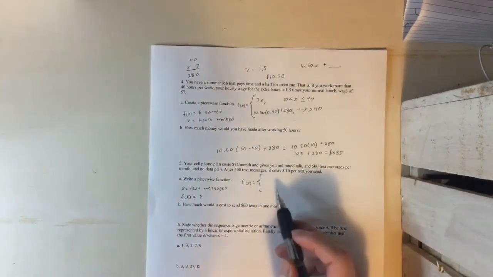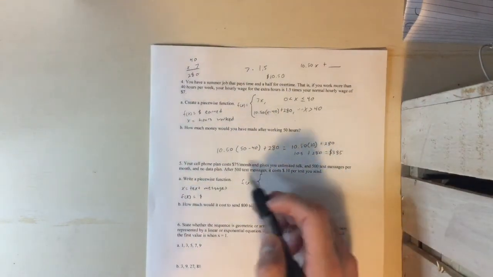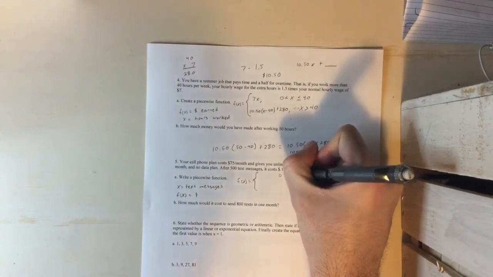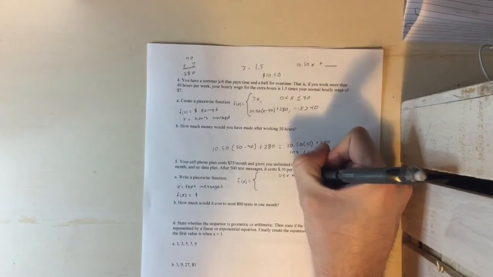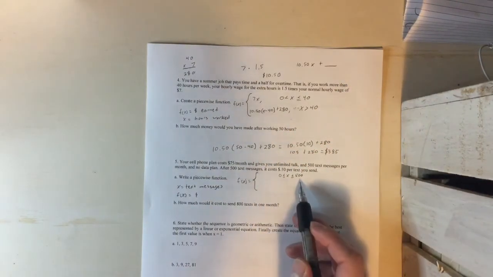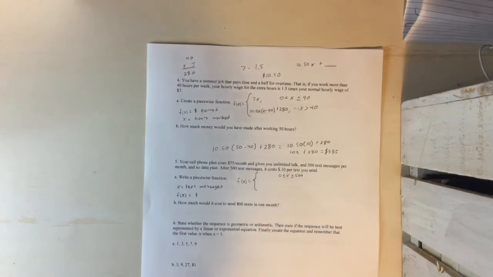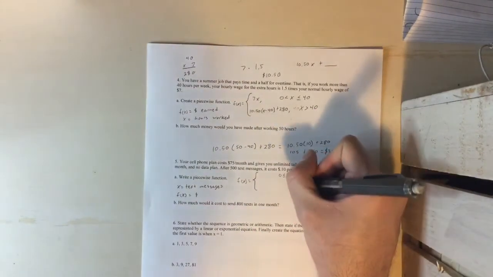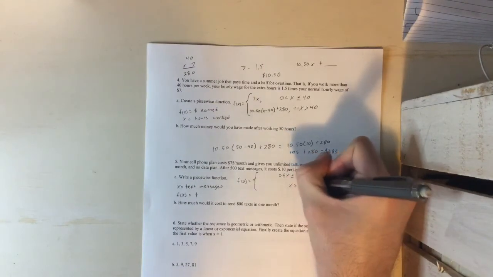Okay, so we need to figure out our range. So for the first one, it's just going to be 0 less than or equal to x less than or equal to 500. We can go from 0 to 500 and we'll be covered under this plan, it's fine. The other range, or the domain, is going to be when x is greater than 500.